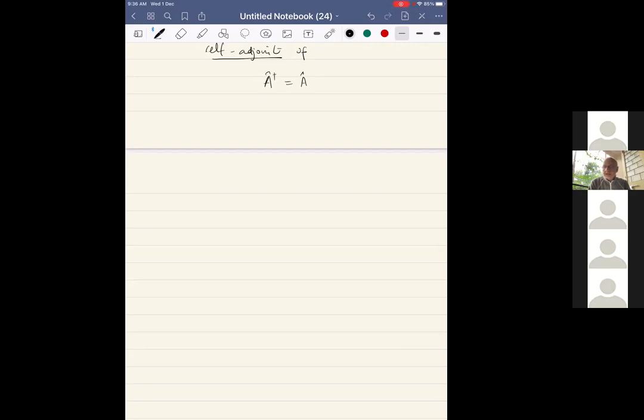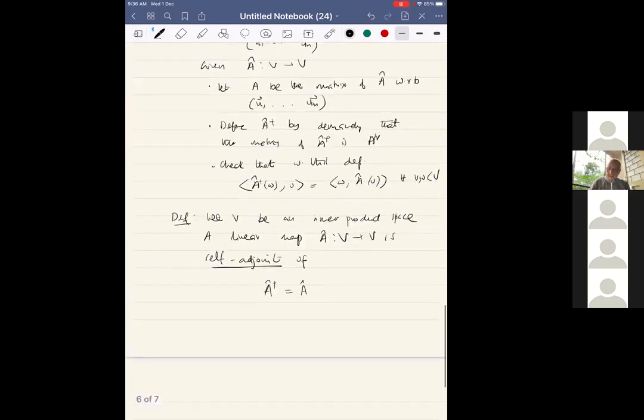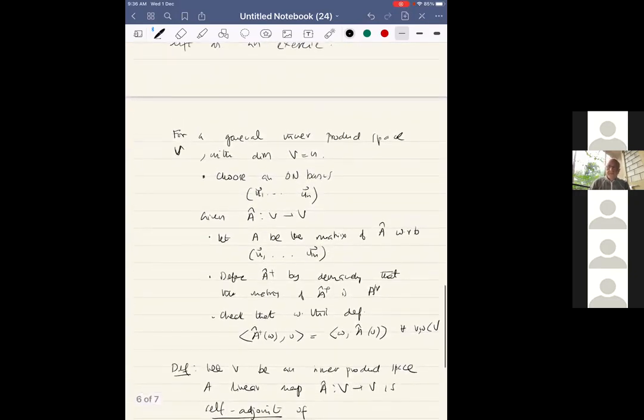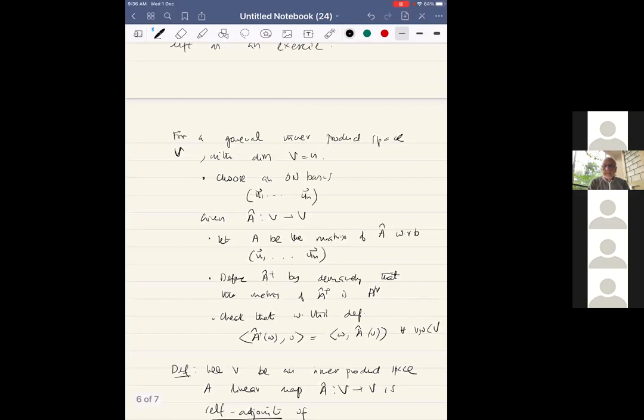Sir, from the previous corollaries, what we are seeing is that given a linear map A hat corresponding to an inner product space, the transpose of it is a potential adjoint of the linear map, right? Yes. And by the uniqueness we have that the transpose is the only such adjoint.